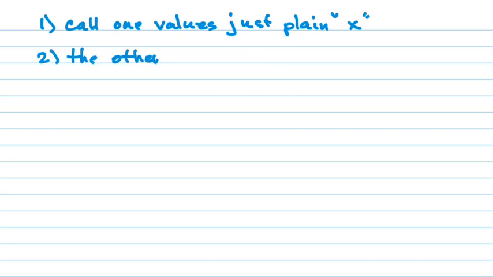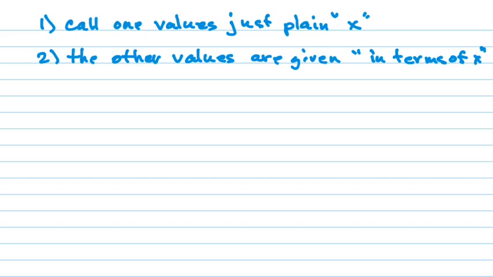The other values are given, and look at this phrase, in terms of X. Now what that means is you're going to have an X in them. So one of them is just plain old X, and we'll go through some examples here. Don't panic. Just write down the notes first, and then we'll go through some examples. The others are given in terms of X.